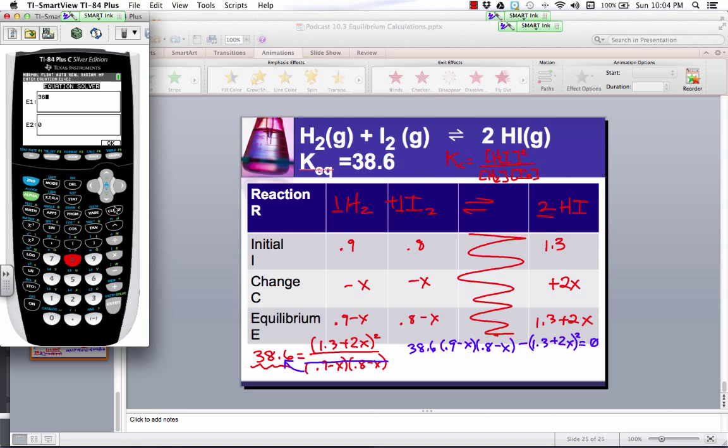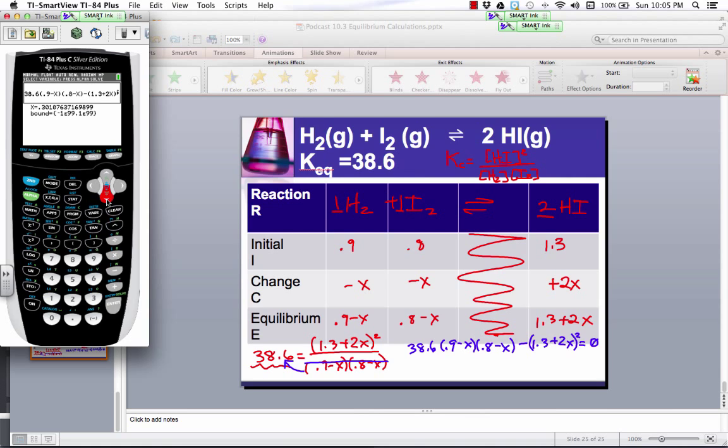So 38.6 parentheses 0.9 minus my variable x parentheses and another parentheses 0.8 minus my variable x, minus parentheses 1.3 plus 2 times my variable x, but that quantity is squared, and that's going to be equal to 0, which is already there.